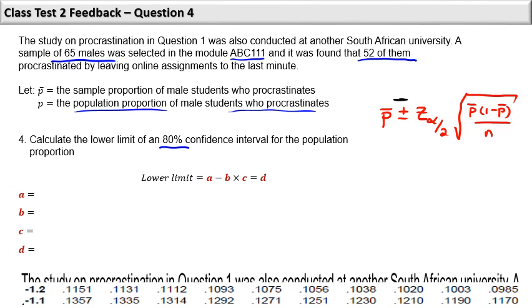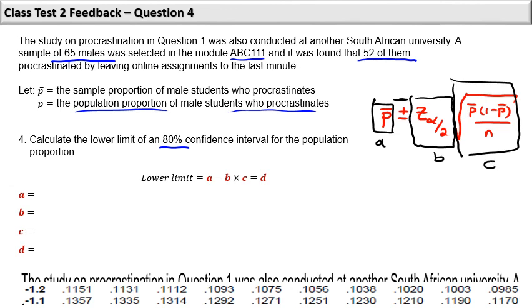So you will agree with me then that this will be your A. And now they are asking minus B times C. So this is your B, and then this is your C.